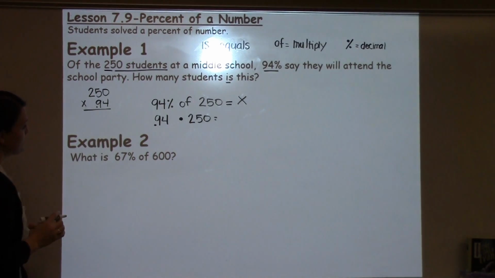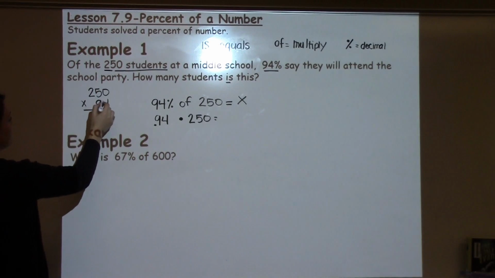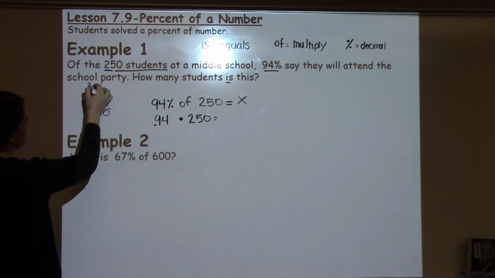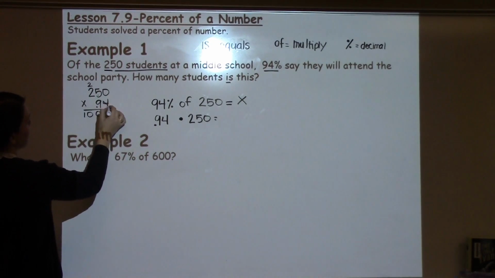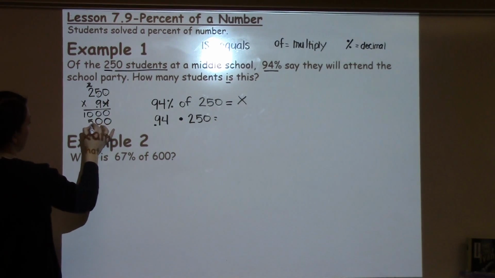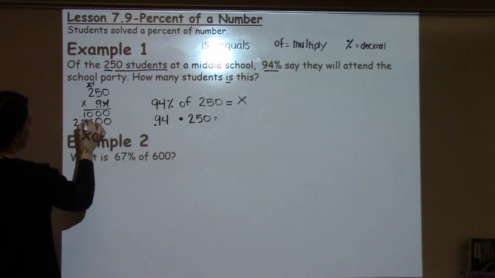Now, when we're working with multiplication of decimals, I multiply just like I normally would. So I'm going to take 4 times 0, which is 0, 4 times 5, which is 20, carry my 2, 4 times 2, which is 8, plus 2 is 10. I'm done with my 4, so I'm adding a 0. 9 times 0 is 0. 9 times 5 is 45, carry my 4. 9 times 2 is 18, plus 4 is 22.